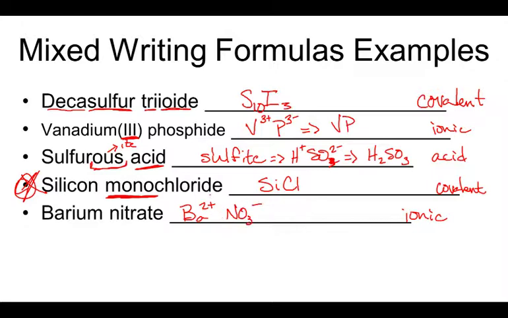So now we see that we need 2 nitrates to match 1 barium. Okay, so remember, this is where we need to make sure we put the parentheses to emphasize the fact that we need 2 nitrates to equal 1 barium. So it becomes Ba(NO3)2.